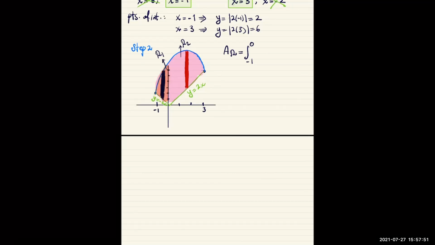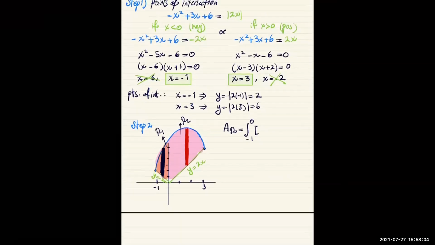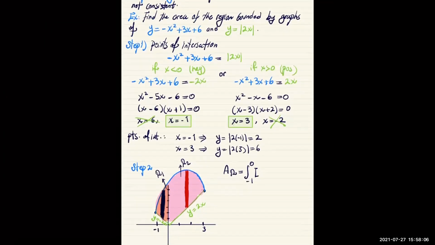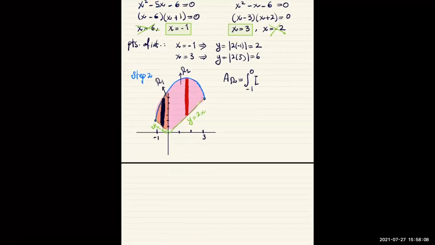And the length of this rectangle is the top function, which is the blue function, and the equation for it is -x² plus 3x plus 6 minus the bottom function, which here is -2x.